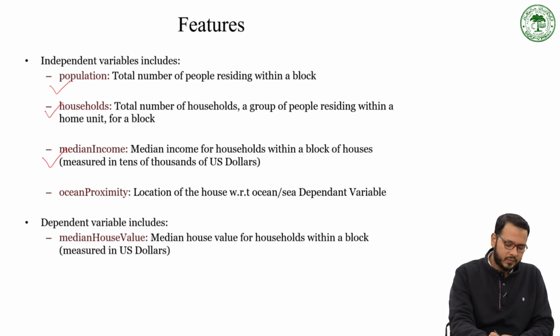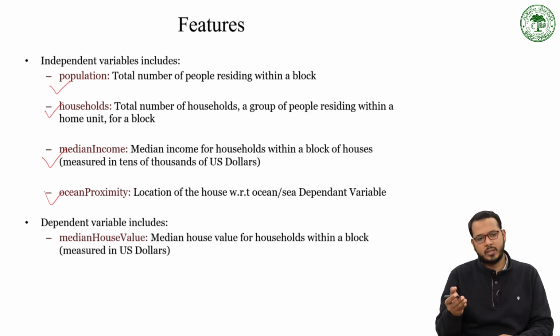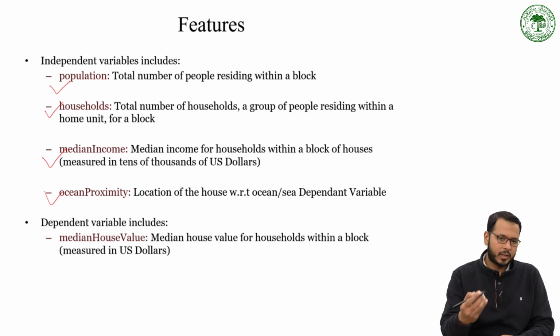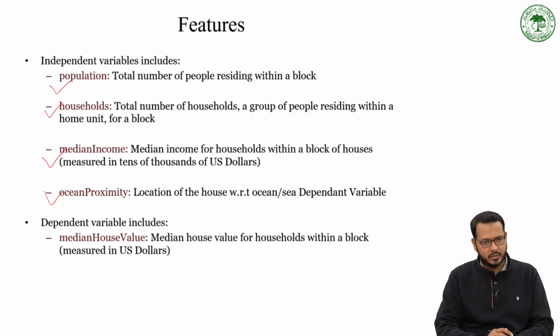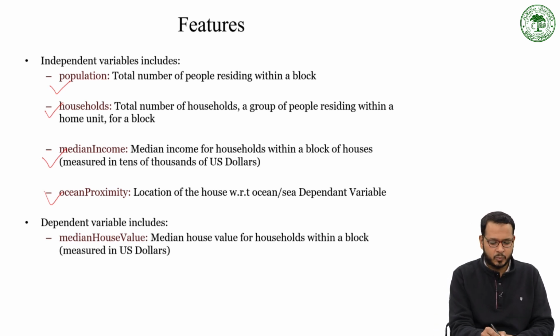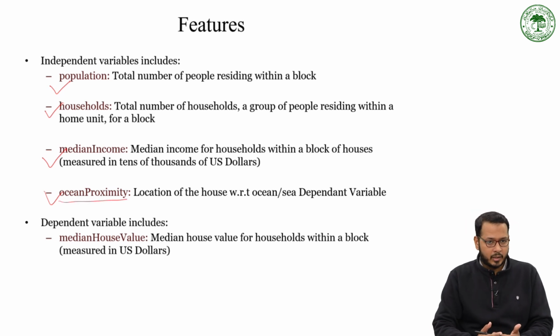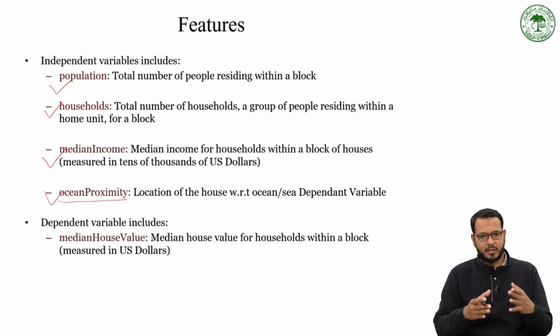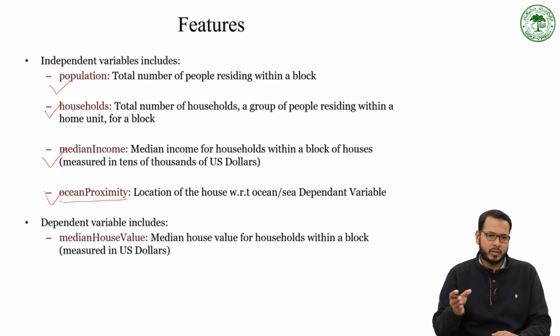And another important feature is how close the given house is from the ocean, depending upon the location of that house. Now, all the features there are numeric in nature. They contain the real numbers, but ocean proximity is categorical. It is based on the categorical values, where the values are like island, which means that this house is on an island, or near to beach or 1 kilometer from the beach.